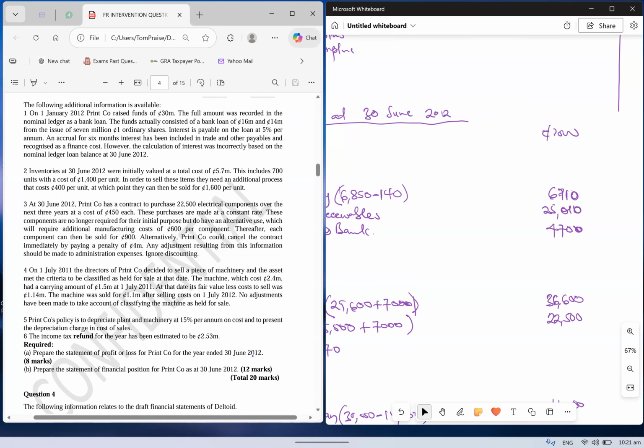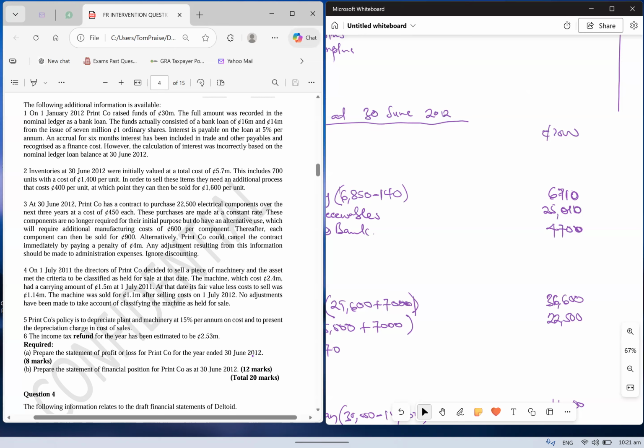Okay, so let's go to the next one, the next note. In the next note, it also talks about, I think that one too is inventory. Oh, all right. So then we will see.